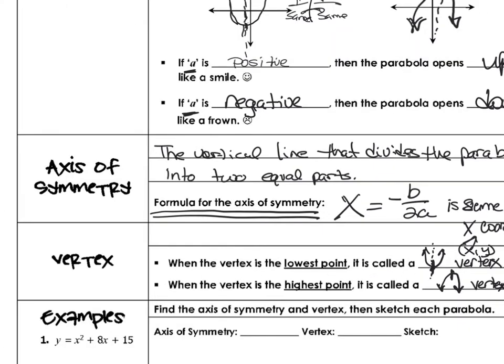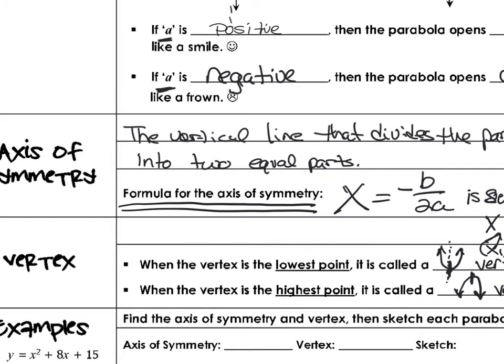All right, let me give you a definition. A vertex is the turning point of the parabola. Do you remember back when we were doing tables, and we had a quadratic? And a quadratic is when the second difference was the same.